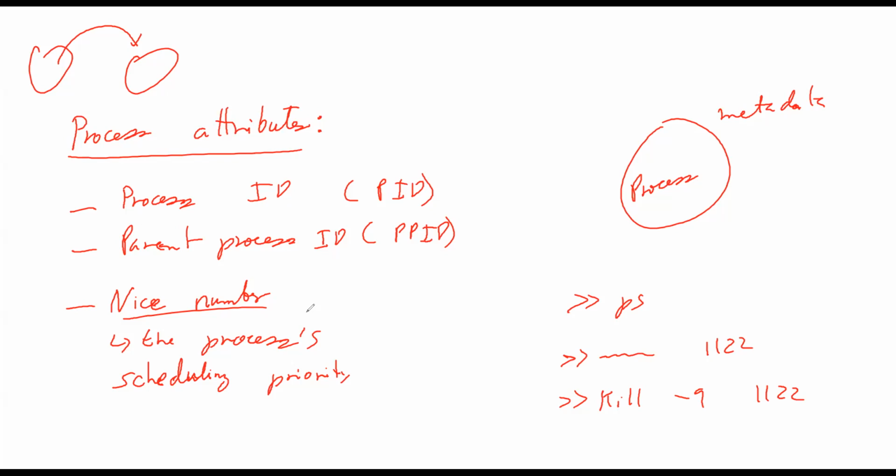All right, so a couple of last things related to metadata. One last thing related to metadata is what is called the real, and this is really important, by the way, and effective user ID.